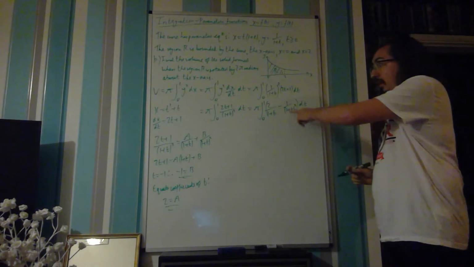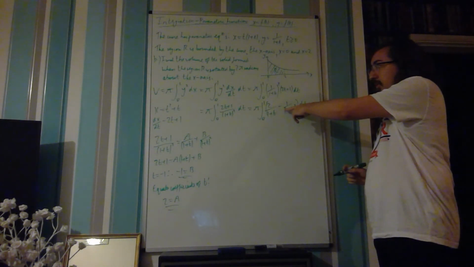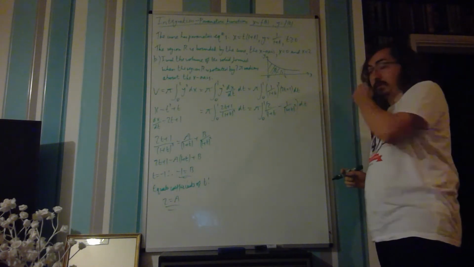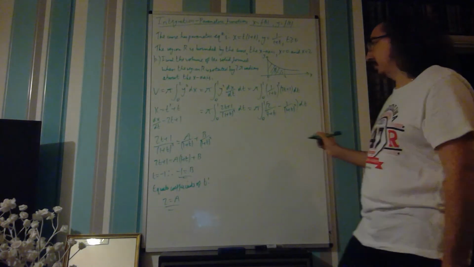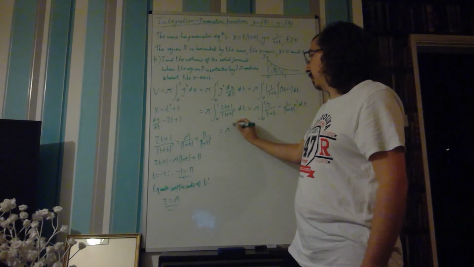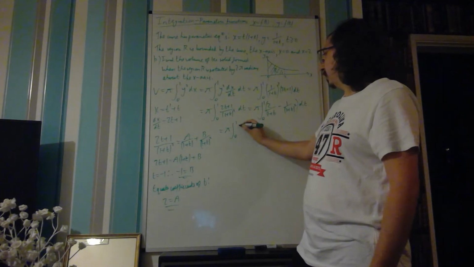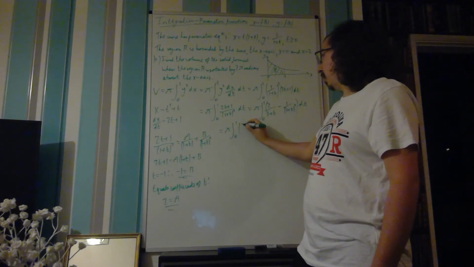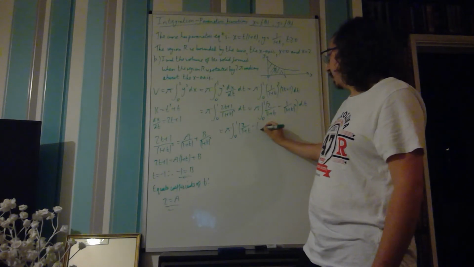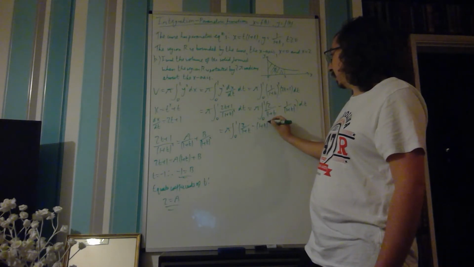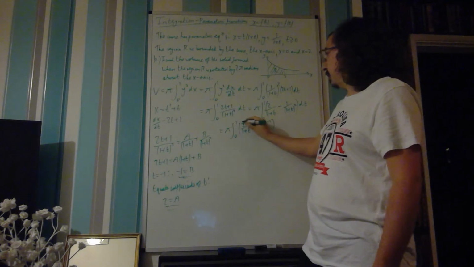And actually, I don't like this second expression because we've got the squared in the denominator, so let's bring that up to the numerator. So really we have pi between 0 and 1 of 2 over 1 plus t minus 1 plus t to the minus 2.